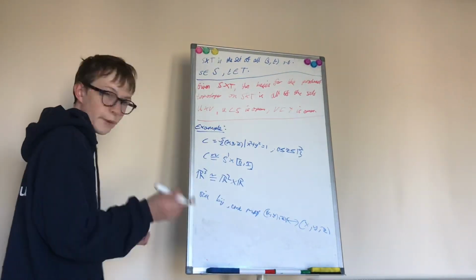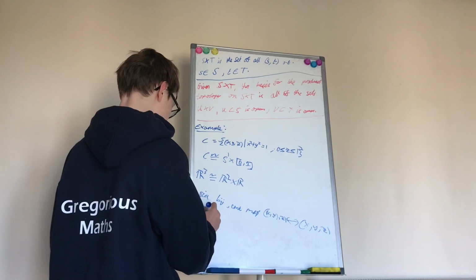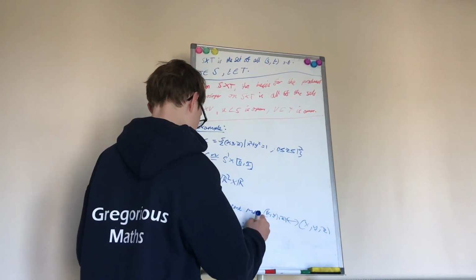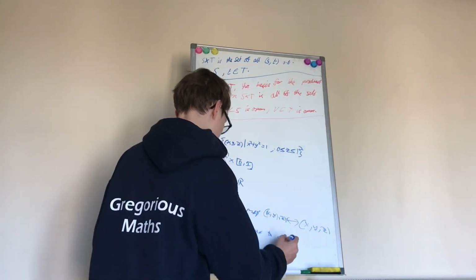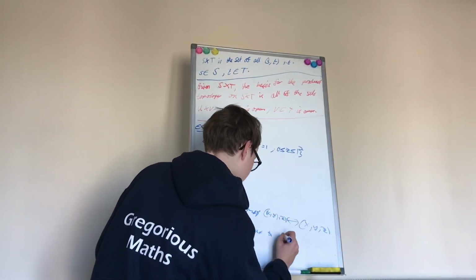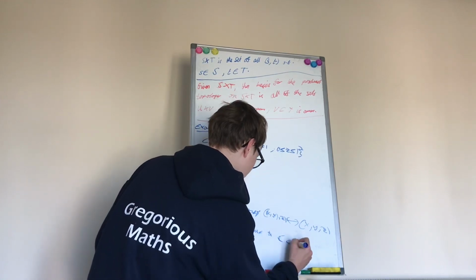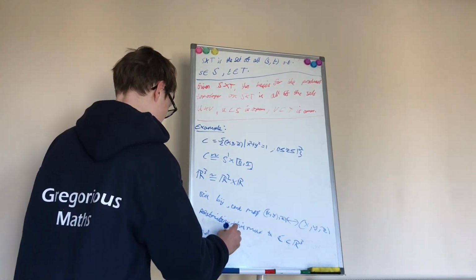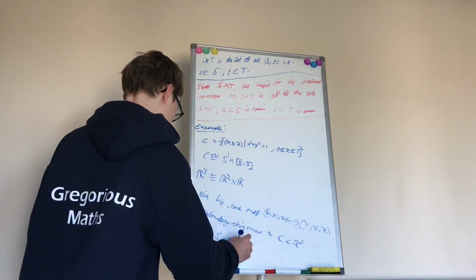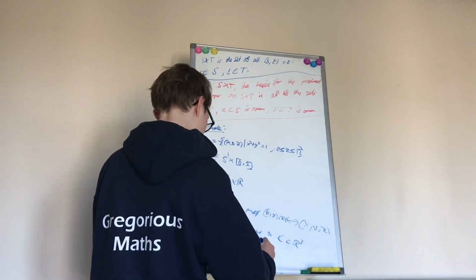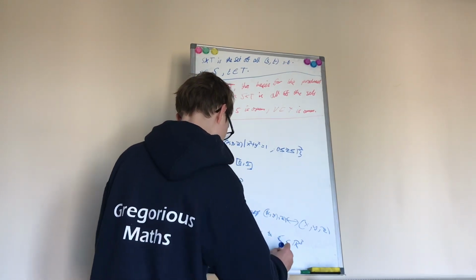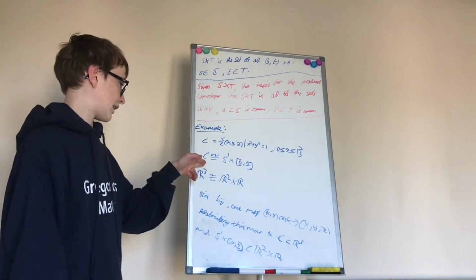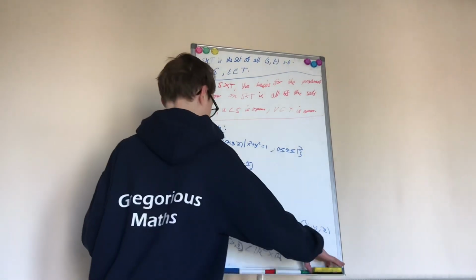Now if we restrict this map to C, a subset of R3, and S1 cross the closed interval between 0 and 1, a subset of R2 cross R, that leaves us with a continuous bijection, which is what we required for C, the cylinder, to be homeomorphic to S1 cross the closed interval between 0 and 1.